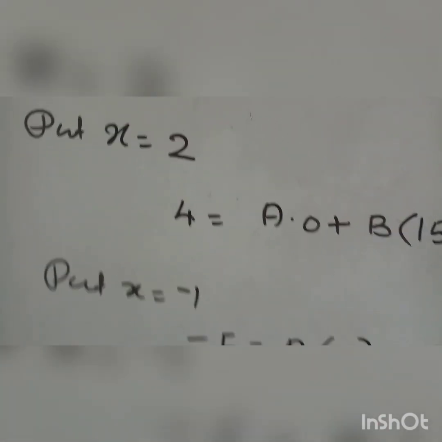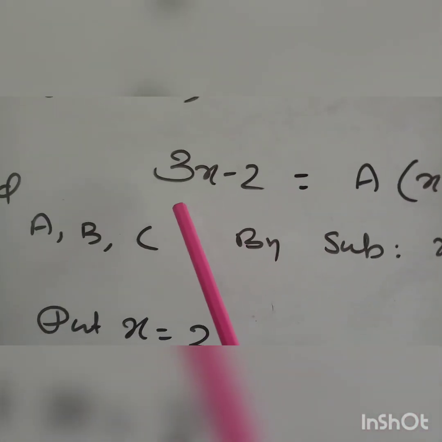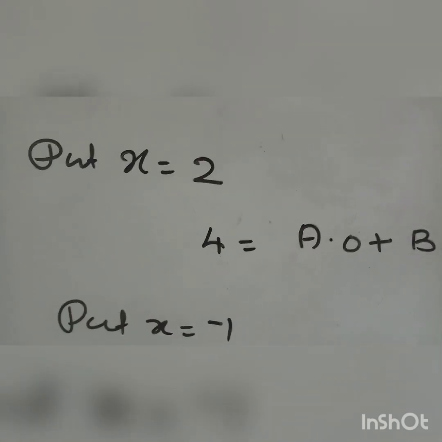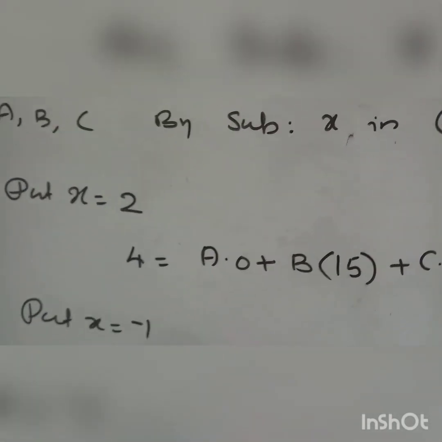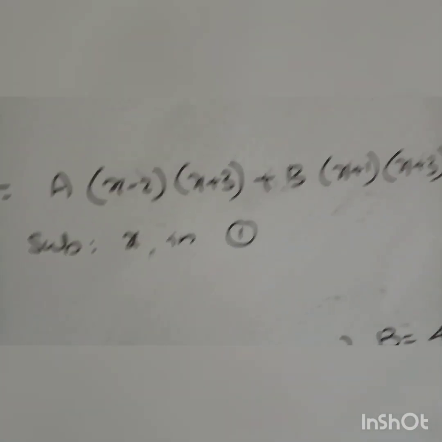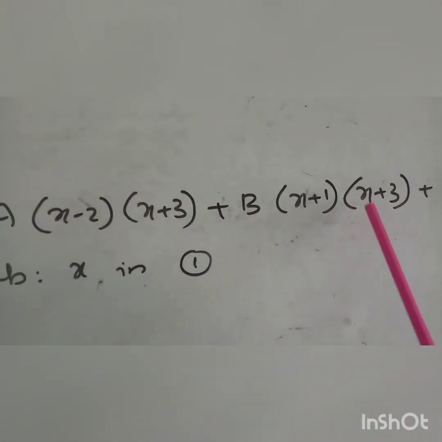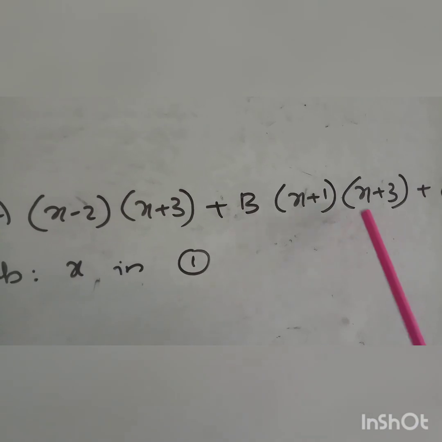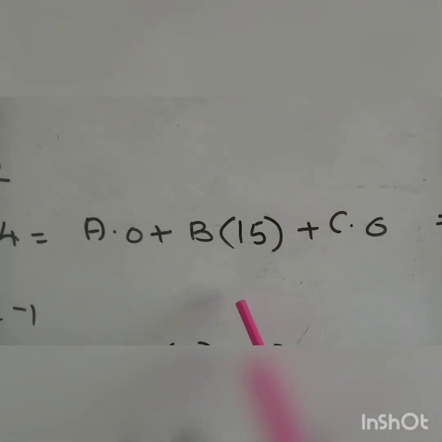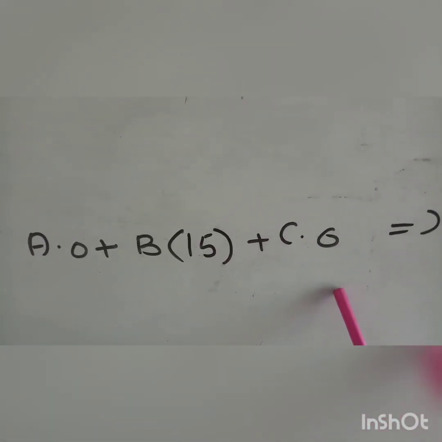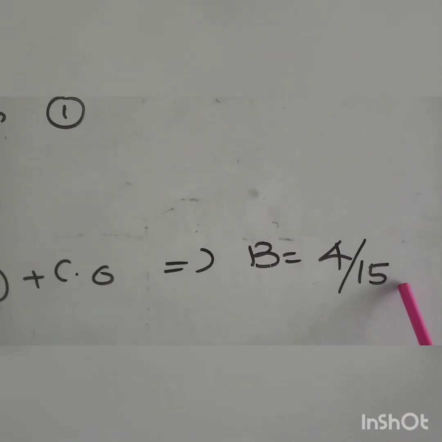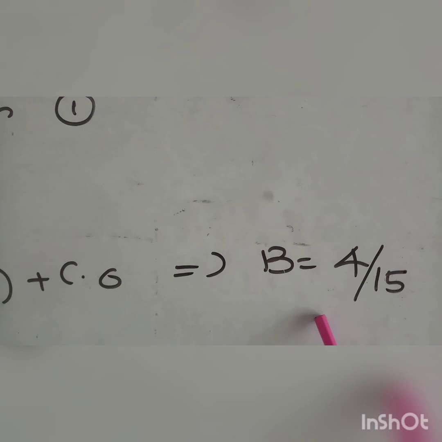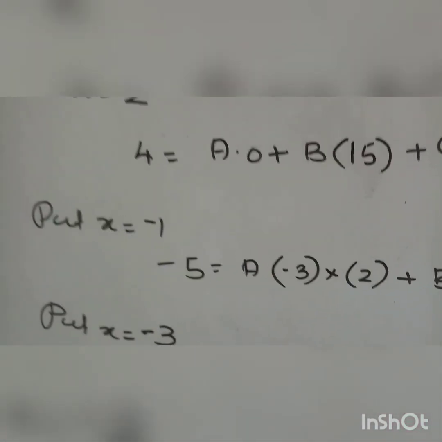So put x equals 2. The left side is 3 into 2 minus 2, that is 6 minus 2, which is 4. The right side is a into 0 plus b into (2 + 1)(2 + 3), that is 3 into 5, 15, so b into 15, plus c into 0. This implies b equals 4 by 15.